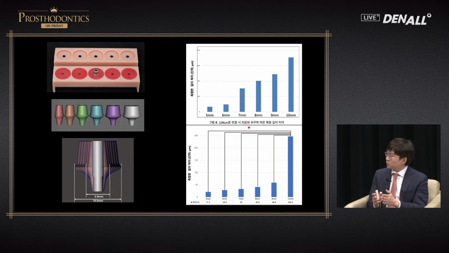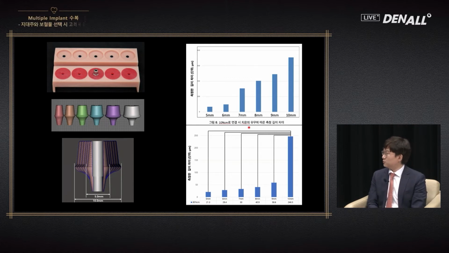The abutments are custom made from 5 to 10 millimeters wide. They're connected with 10 versus 30 Newton centimeter force. In the graph at the bottom, depending on the diameters, they are not fully connected. This is different from the actual oral situation.